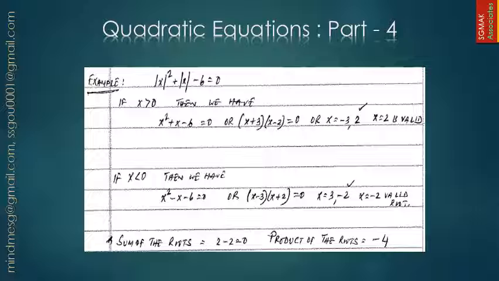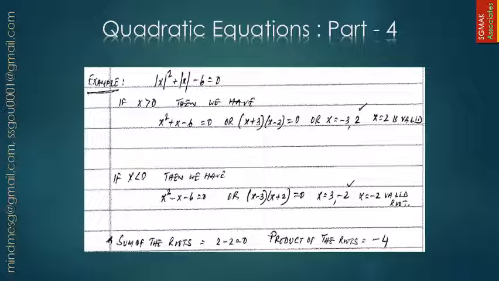Let's take what happens if x is greater than 0. Then the equation becomes x squared plus x minus 6 equals 0, which has roots minus 3 and 2. And since x is greater than 0, minus 3 we discard, x equal to 2 is a valid root.